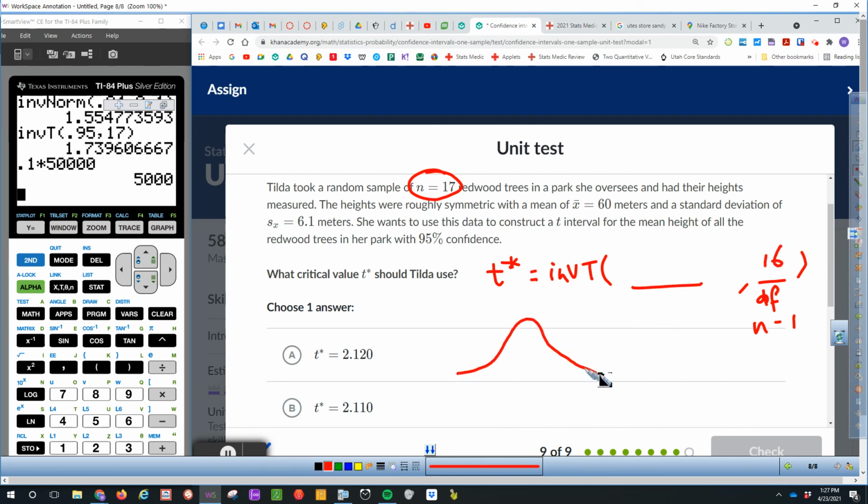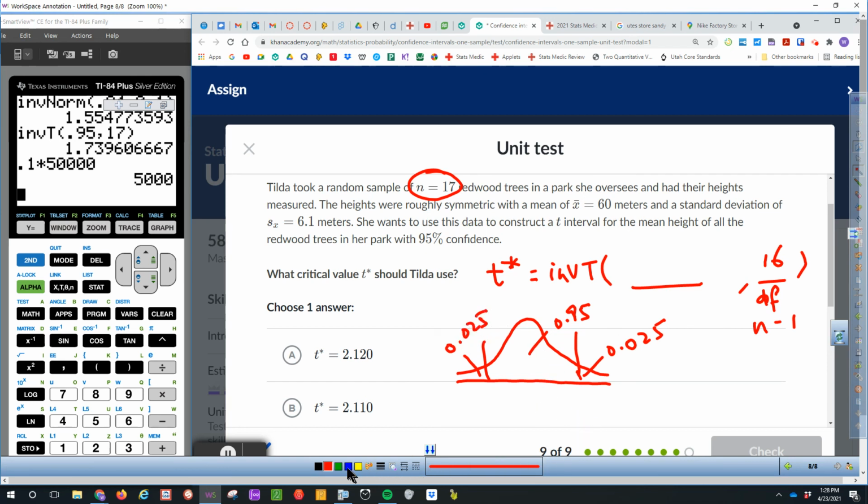I always like to draw the curve. So if this is 0.95, the two tails should have equal area, and they add up to 0.05. So half of 0.05 is 0.025.